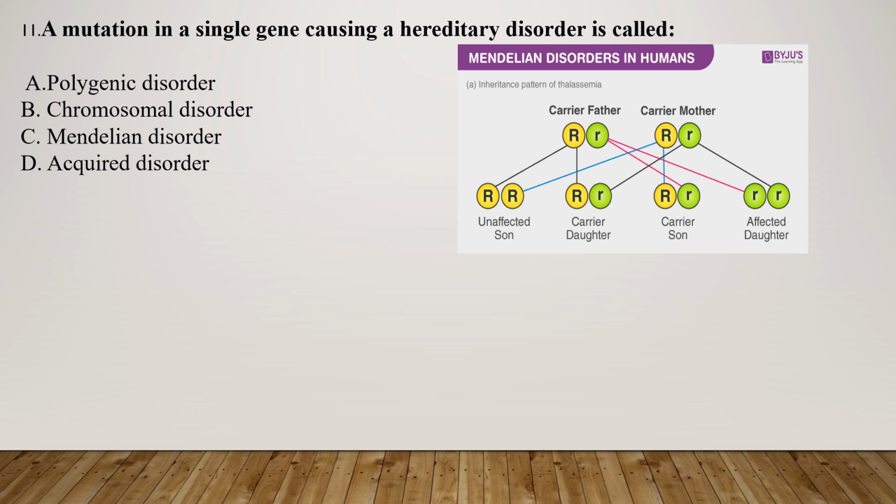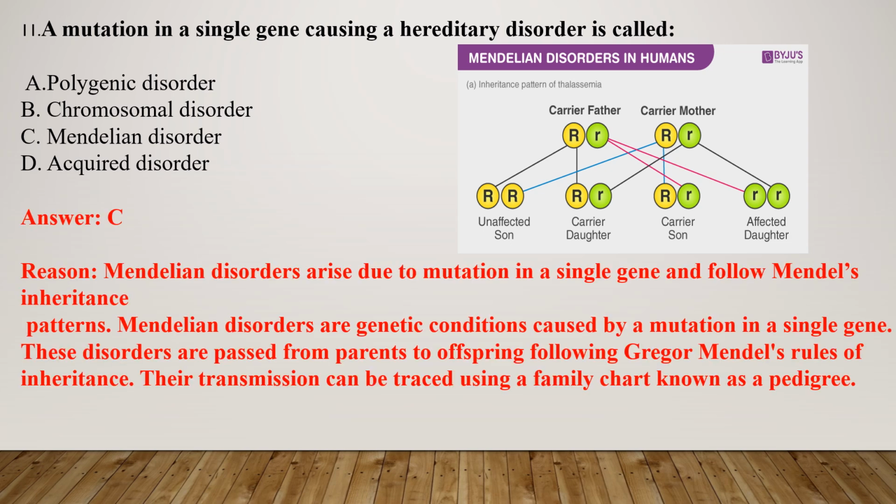A mutation in a single gene causing a hereditary disorder is called: polygenic disorder, chromosomal disorder, Mendelian disorder, or acquired disorder. Let's see the answer for this one, and that is the Mendelian disorder, because these disorders arise due to mutation in one single gene and follow Mendel's inheritance patterns.